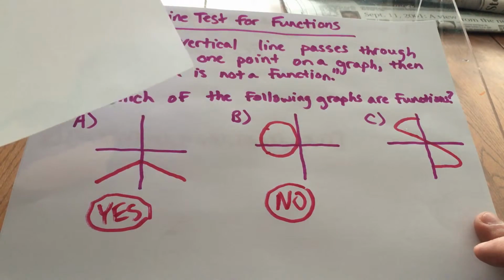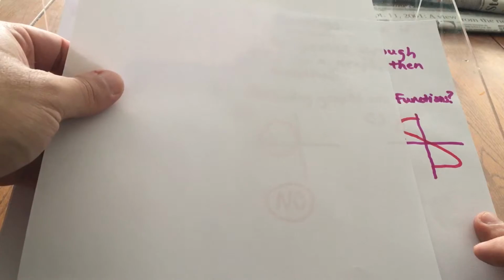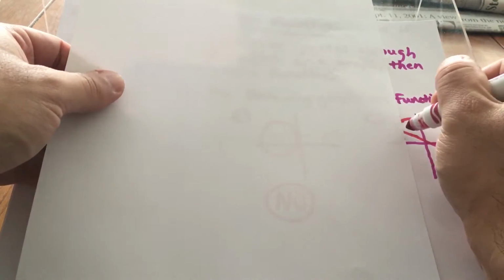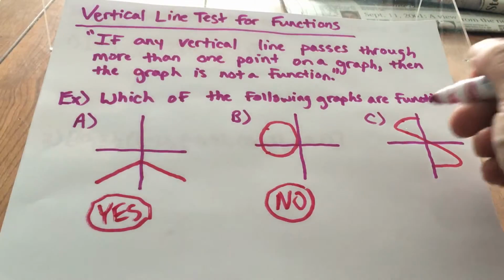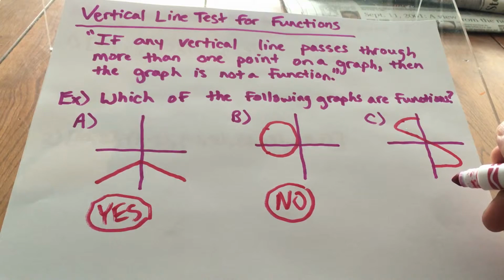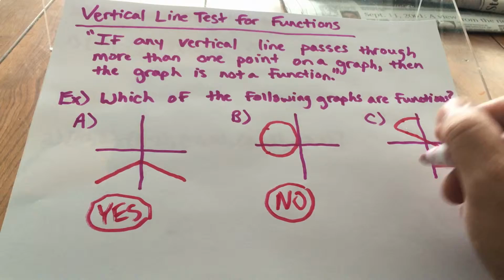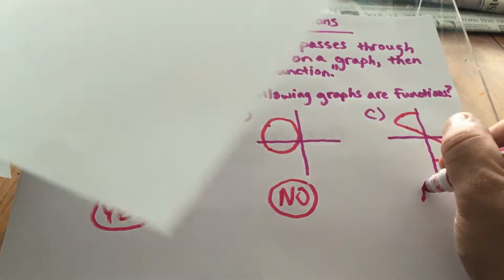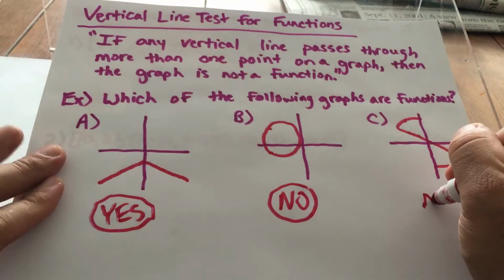Take a second and see if you can figure out if it's yes or no. Okay, so sliding this across, you slide the edge of your paper, notice, boom, it hits this line right here in two places, and all it's got to do is hit it twice in the same area of the graph to make it not a function. So this means that this is also a no.